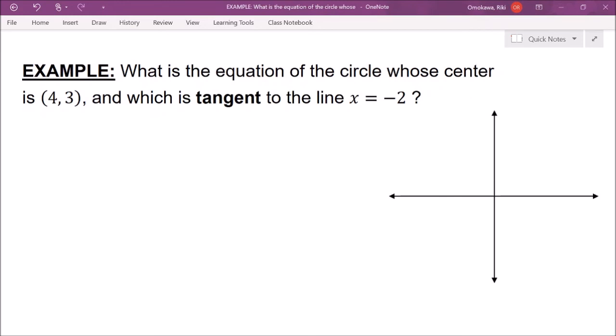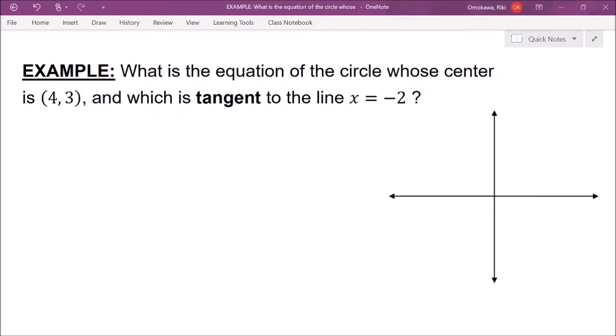So going back to our example, what is the equation of the circle whose center is (4, 3), and which is tangent to the line x equals -2? First of all, know that we're just going to stick to examples where it's easy to figure out with a sketch, so let's sketch it. The center is (4, 3), so starting from the origin, right 4, up 3.